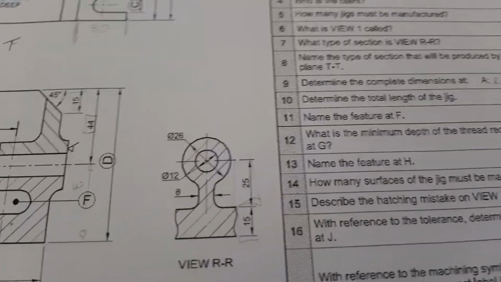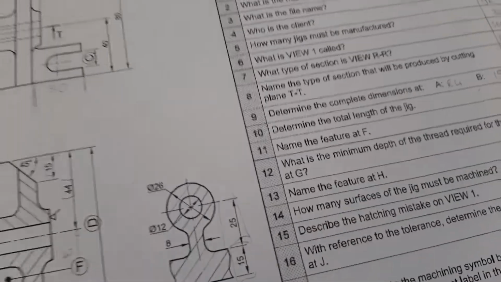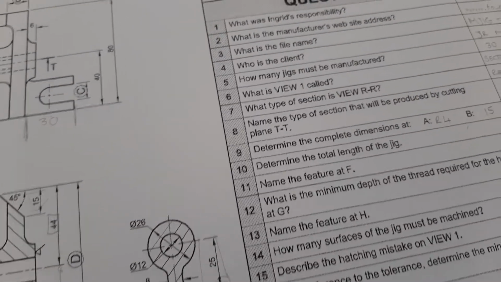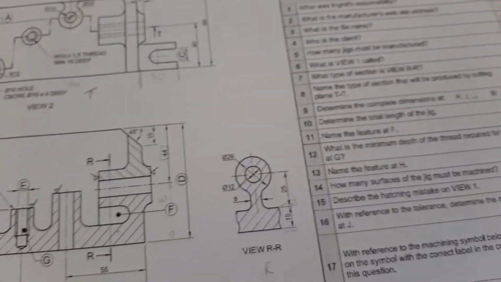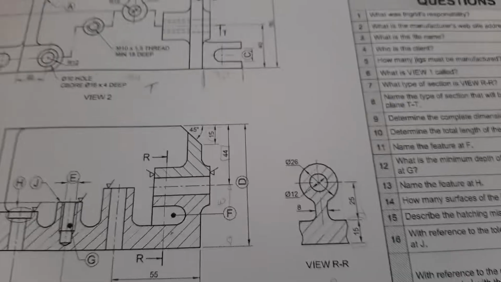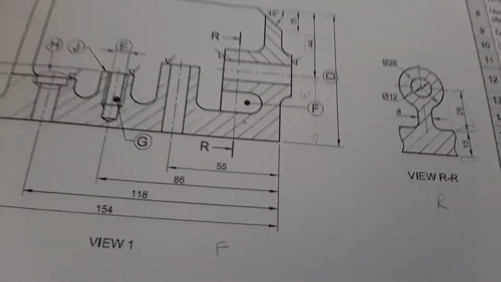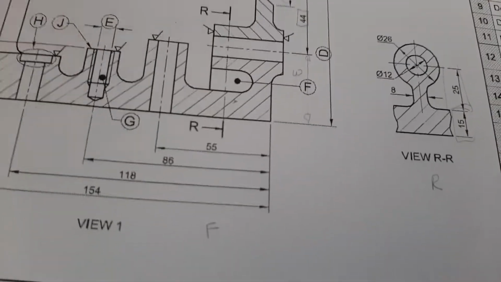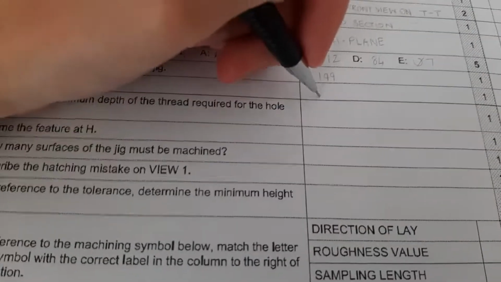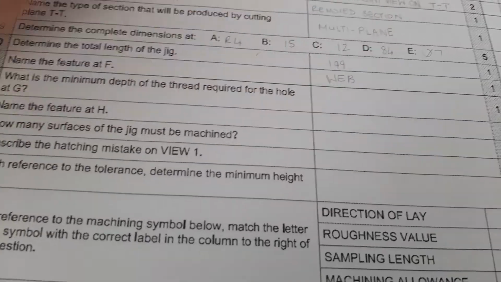Then they say name the feature at F. So let me just find F. Geez, like I'm blind. F is over here. Okay. The feature at F is a web or a rib, so you can just write there web.